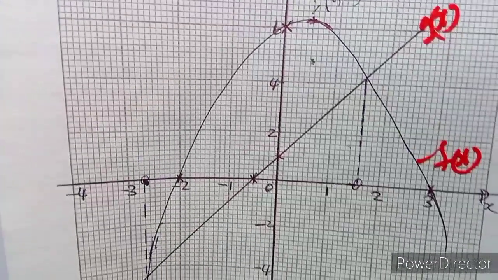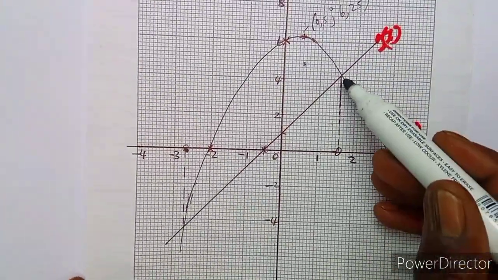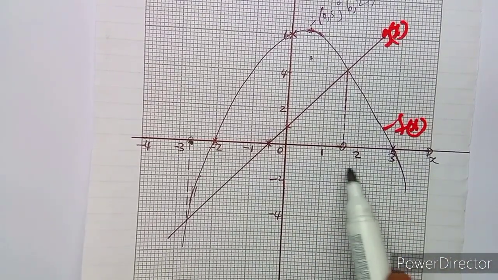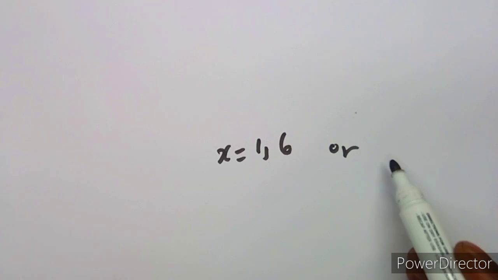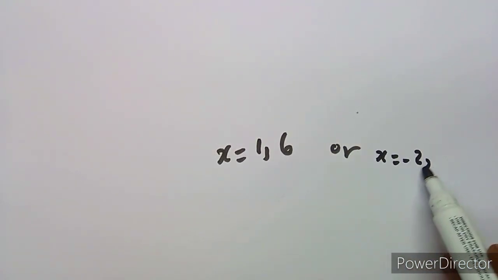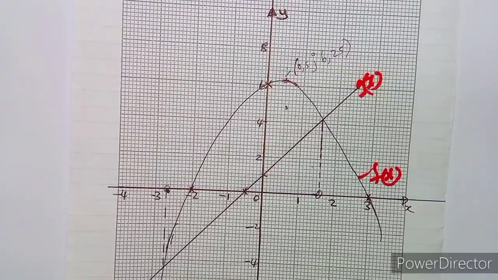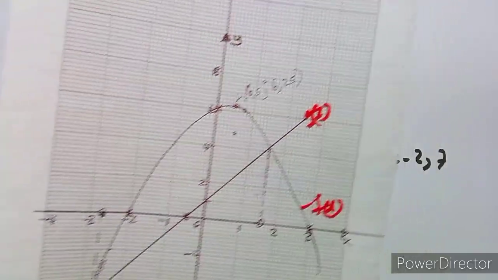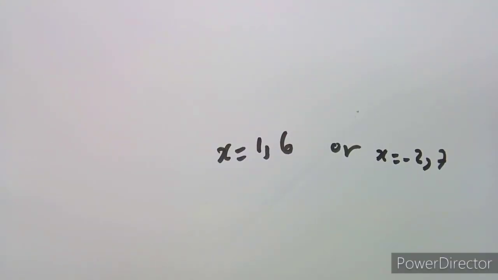You take your values on the x-axis according to the scale that you're given. The graph that you're using and its smoothness will affect your answers also. I just hope you understand what will be happening there.